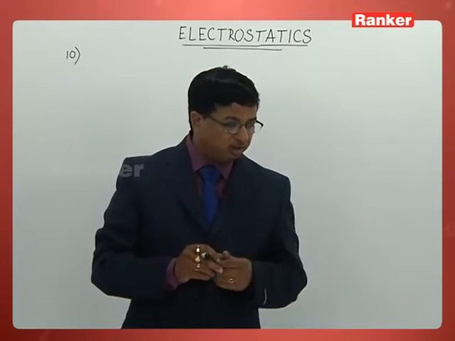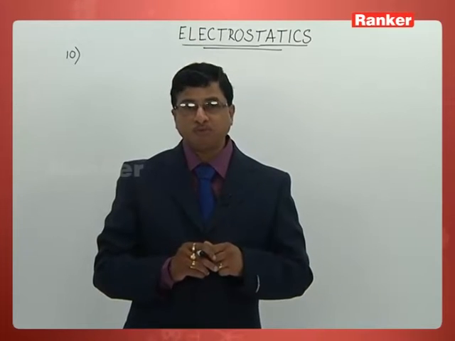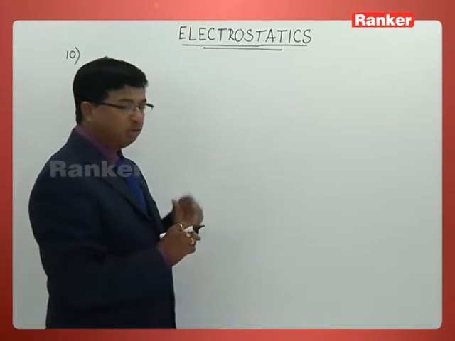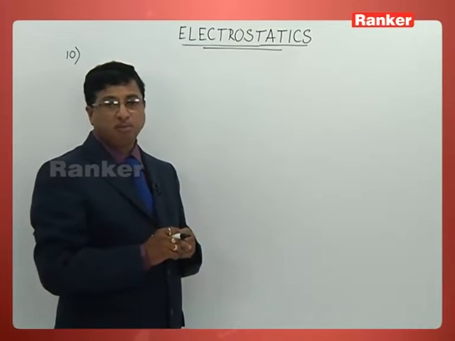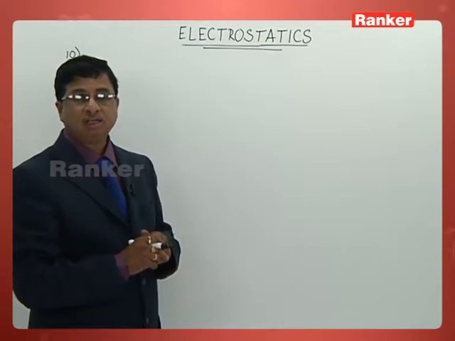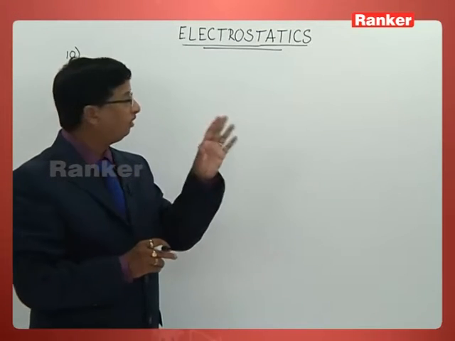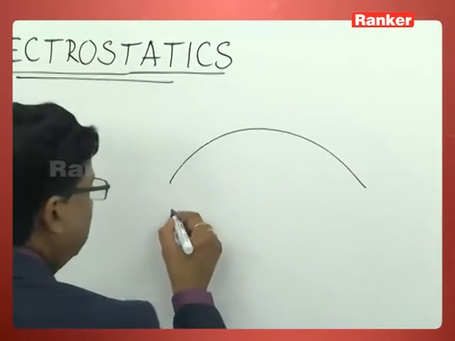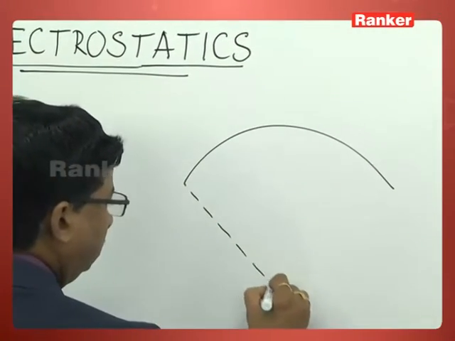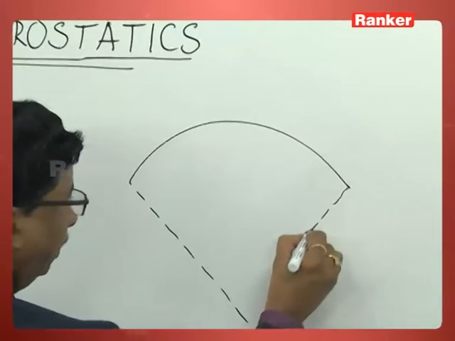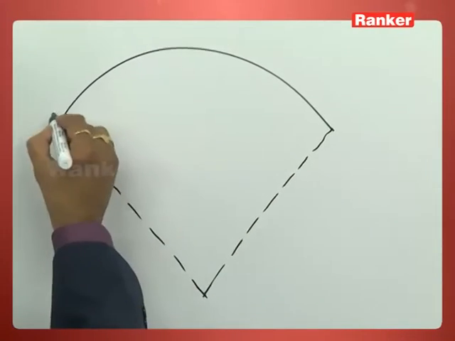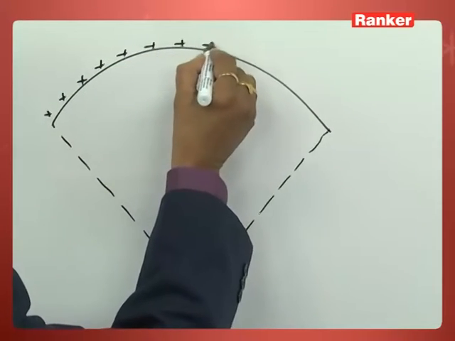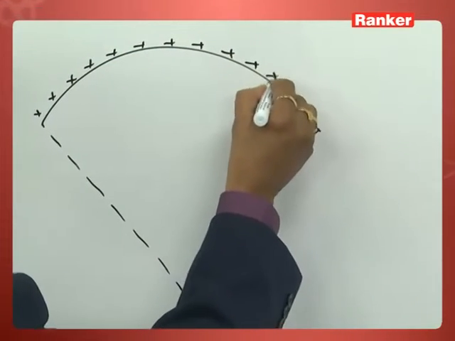Now what exactly is the way we are to proceed with this problem? A charge capital Q is uniformly distributed along the circular arc of radius r. He has just given us an arc like this. This is the one. It is now having, say for example, positive charge as given in the problem.